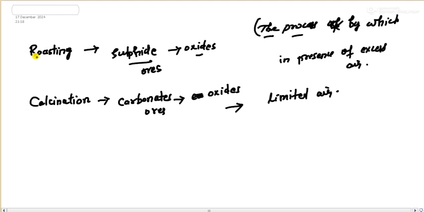So how to remember? See, in calcination you have the letter C, and in carbonate also C. Using both C you can remember: if it is calcination, it is carbonate into oxide, and if it is roasting, it is sulfide into oxide. Got it, guys?